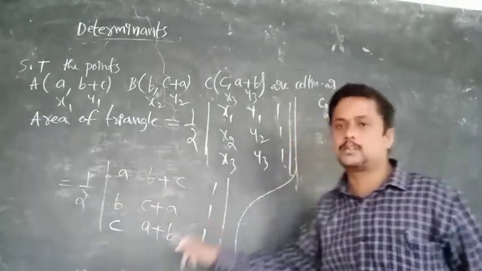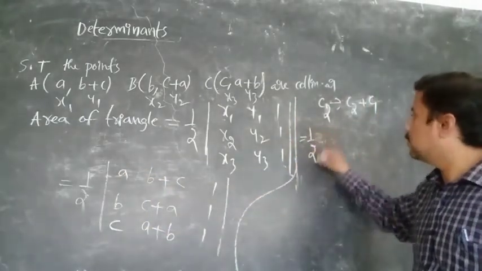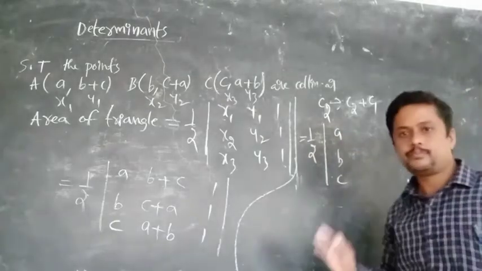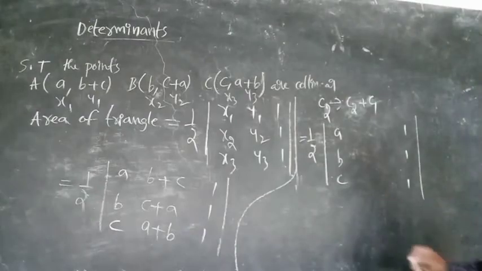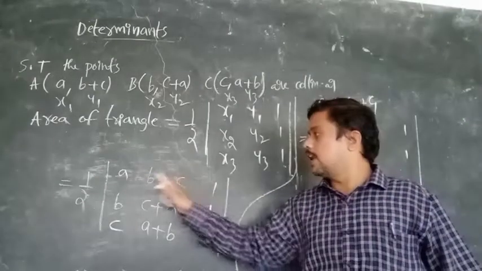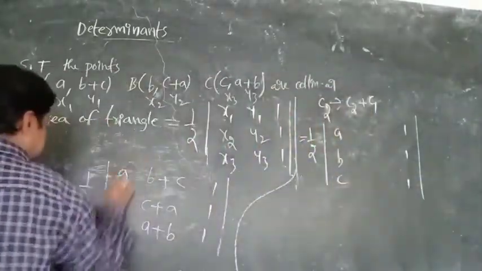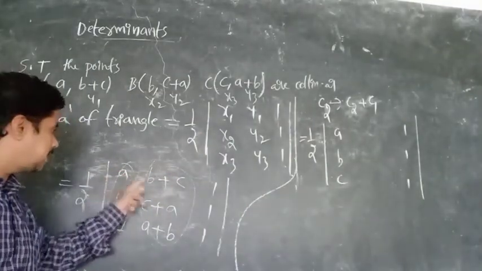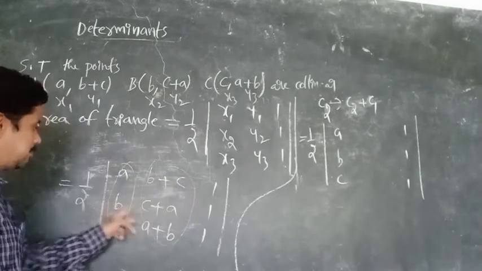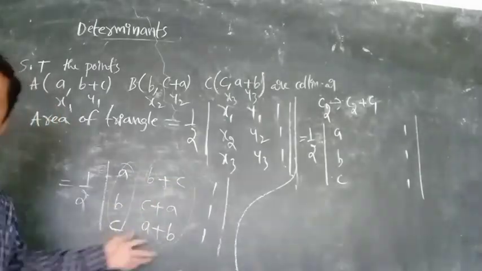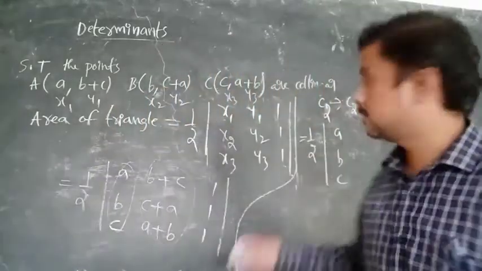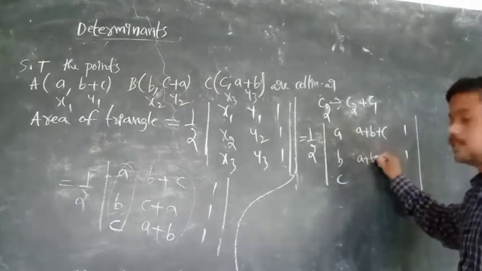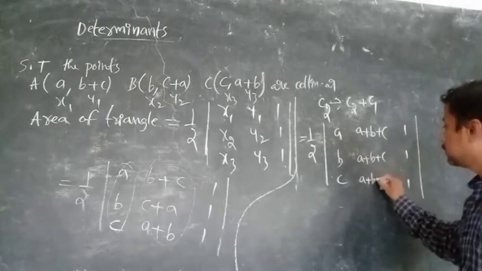So half into A, B, C same. 1, 1, 1, C, 1, 1, C. Okay? Here we have to add column 1 and column 2, both. A plus B plus C, A plus B plus C, A plus B plus C in all.